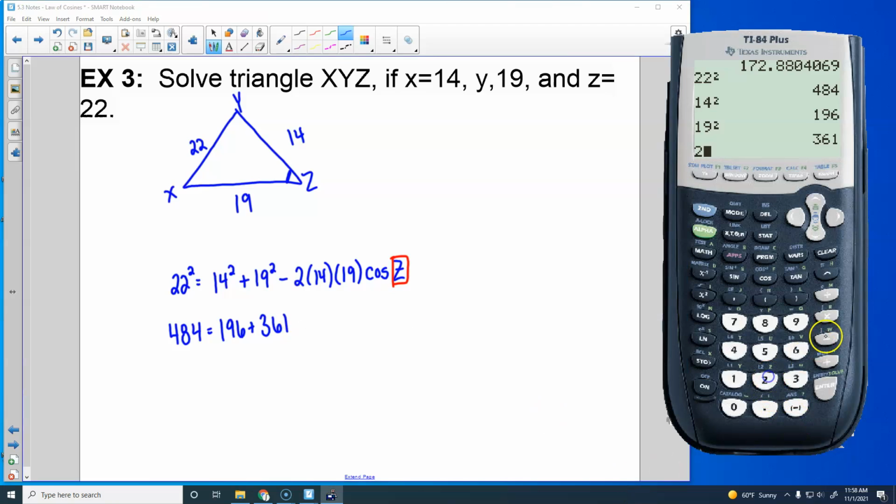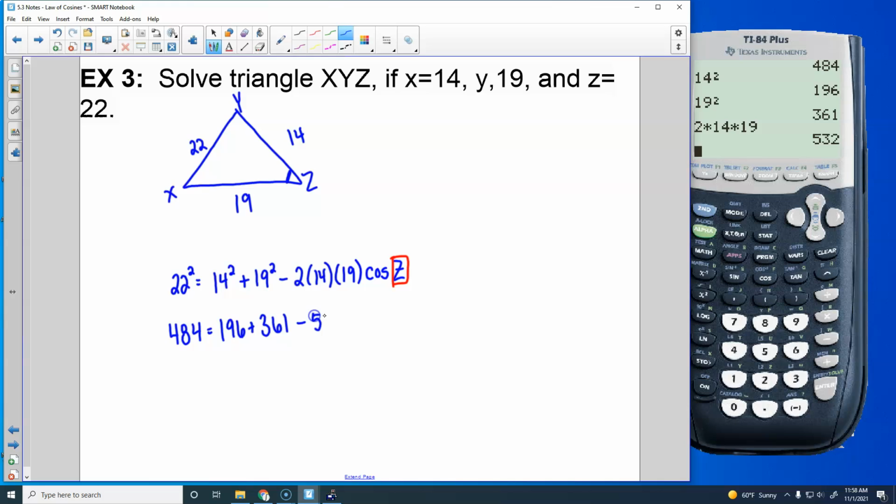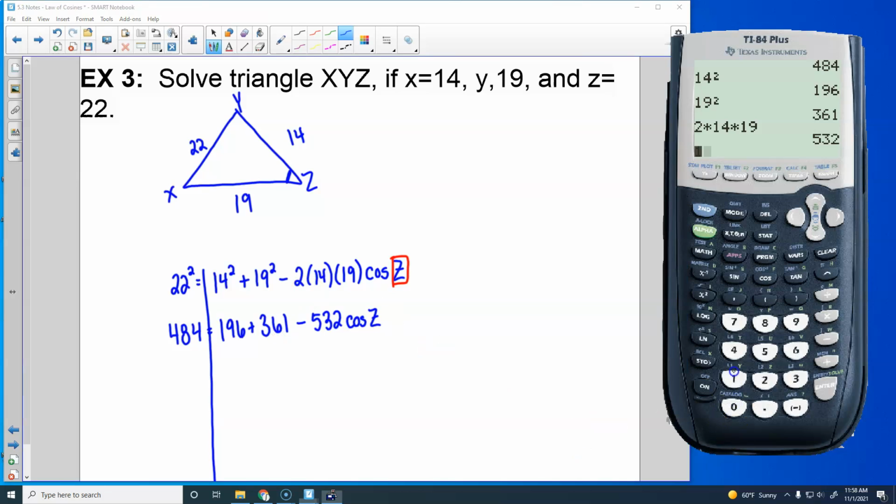We got to do 2 times 14 times 19. So that gives us 532 cosine of Z. And so I'm trying to get that Z right there by itself. I could have went ahead and put 196 and 361 together if I wanted, but I'm going to do that now.